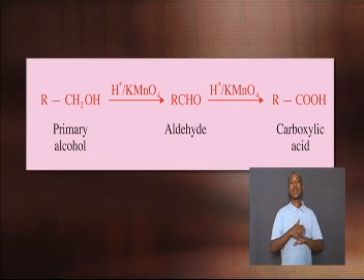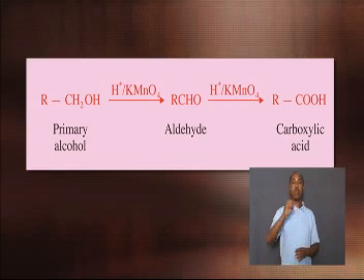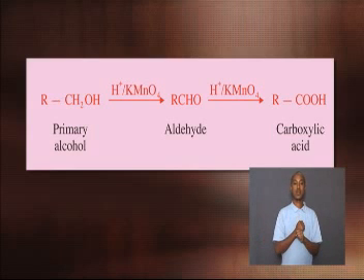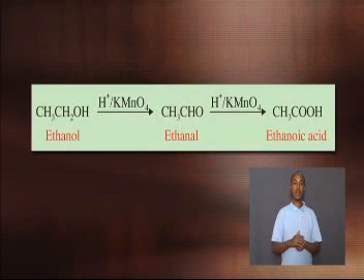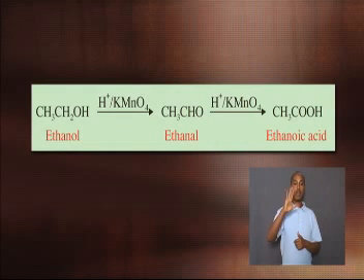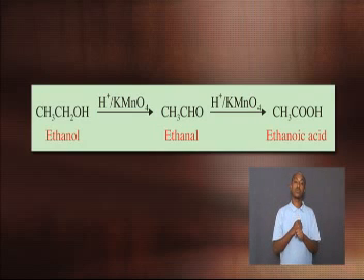Then the aldehyde is further oxidized by the acidified compound to produce carboxylic acid. If this is applied to ethanol, it is initially oxidized by the acidified potassium permanganate to produce ethanal, which in turn is oxidized to become ethanoic acid.